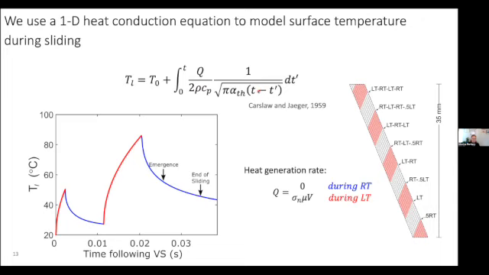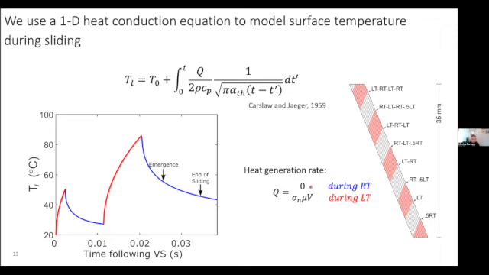Now, what's really useful with that sliding geometry I talked about earlier is we can turn our heat generation rate off and on. Since I know the millimeter scale sliding history, during rest times, I set that heat generation rate equal to 0.